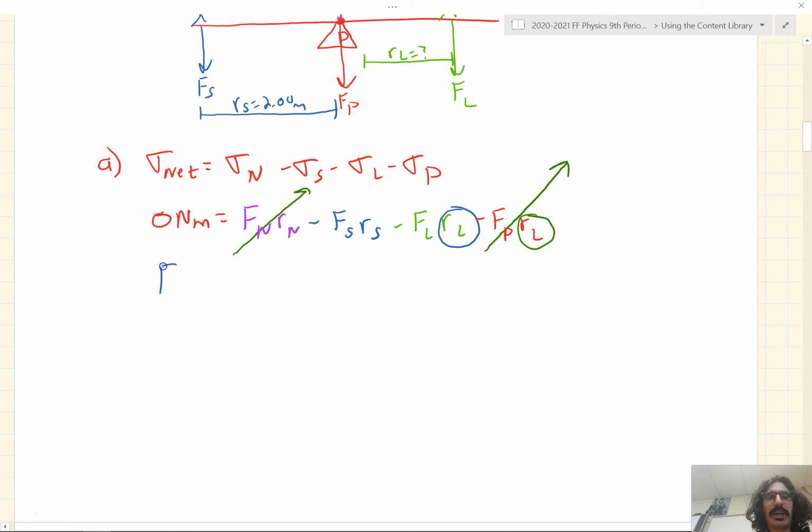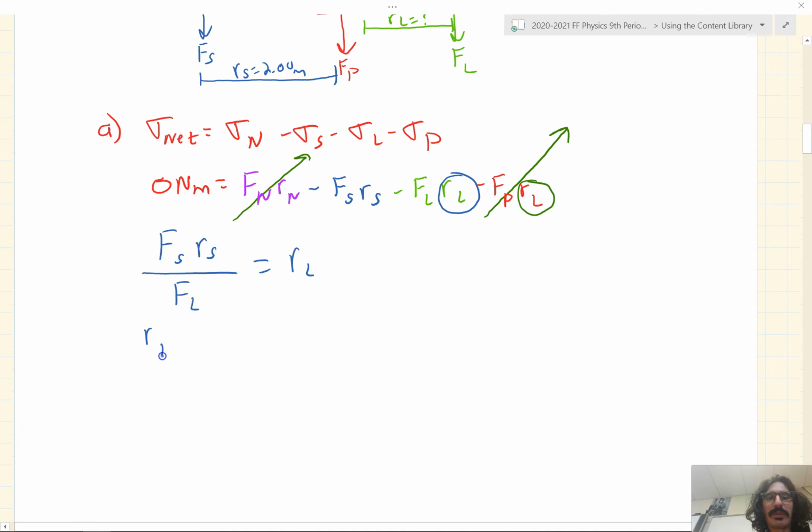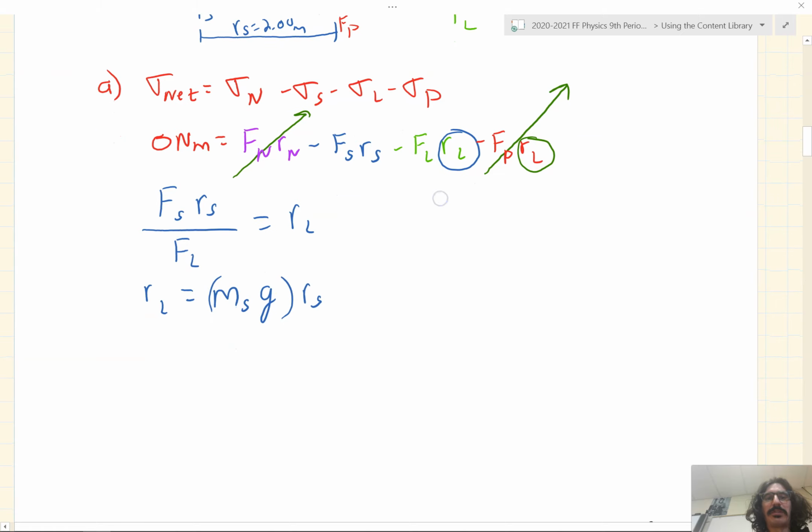That's going to give us F sub s, R sub s, all over negative F sub L, Luca's force of gravity, equals R sub L. That brings us down to R sub L is equal to the mass of Sophie times the acceleration due to gravity, that's her force, times how far away she is from the center, all over the mass of Luca times the acceleration due to gravity.